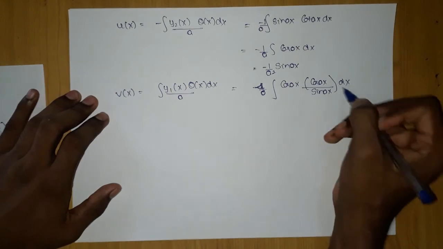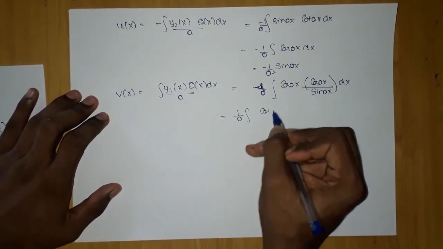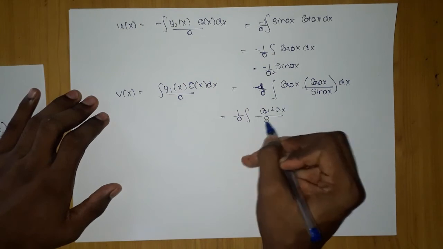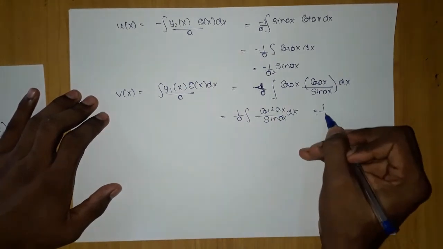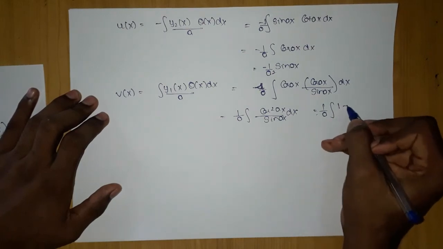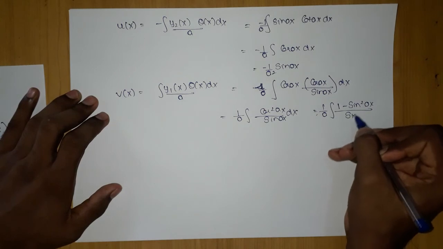Here they will multiply, so we are getting cos square ax by sin ax, and dx will be multiplied. After this, 1 by a, integral of 1 minus sin square ax by sin ax.